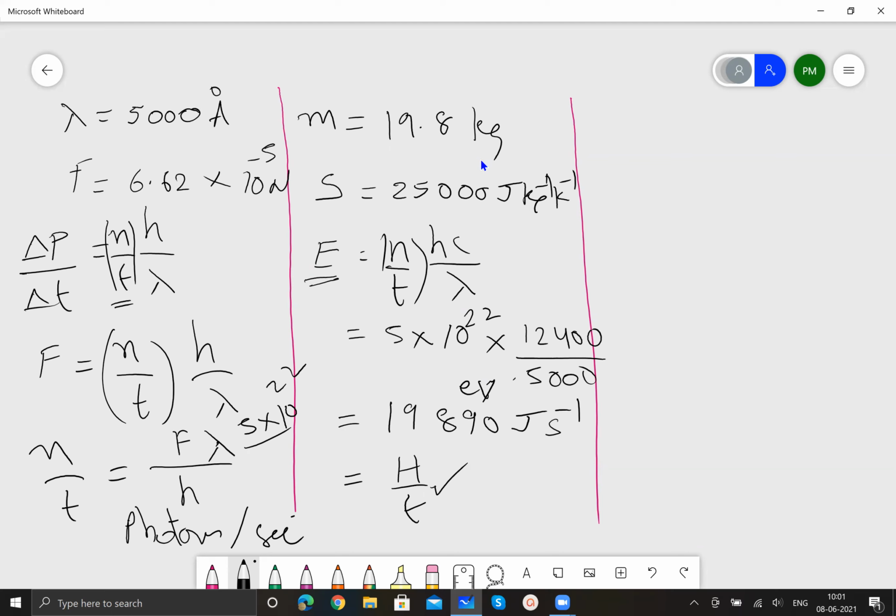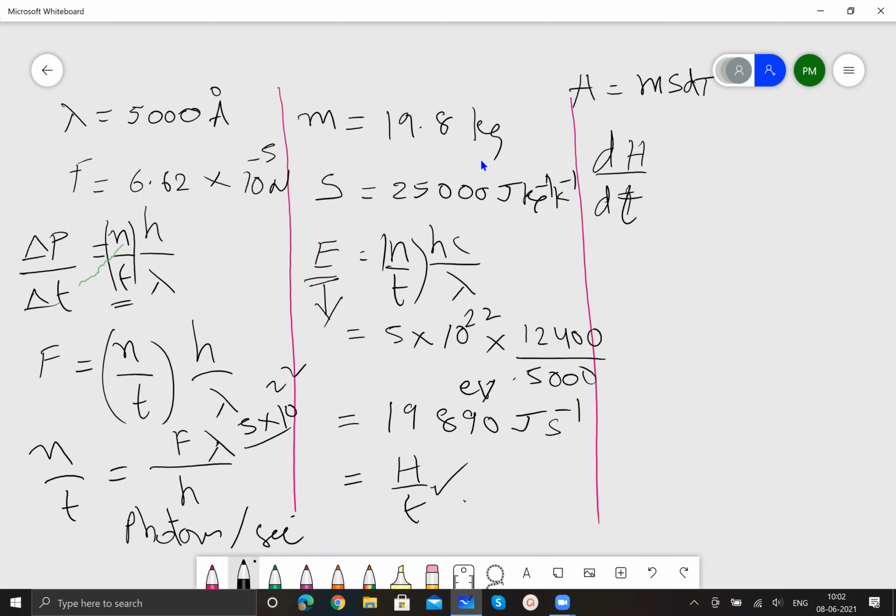So all this energy of the sun will be converted into heat, correct? But what is the formula for H? Is it not ms into delta T? Mass into specific heat into rise in temperature, correct? Specific heat capacity, calorimetry last year.